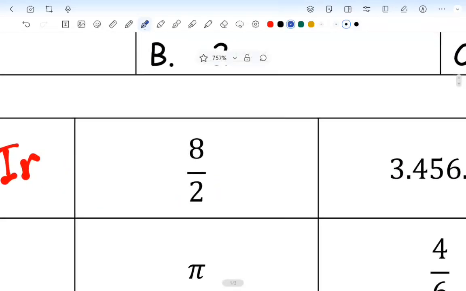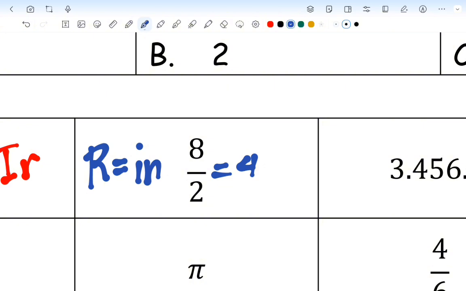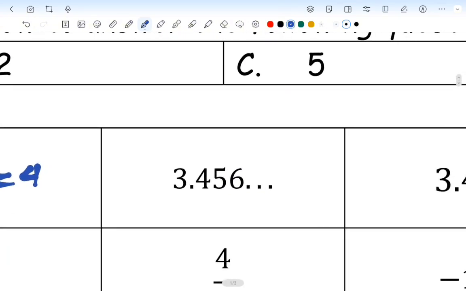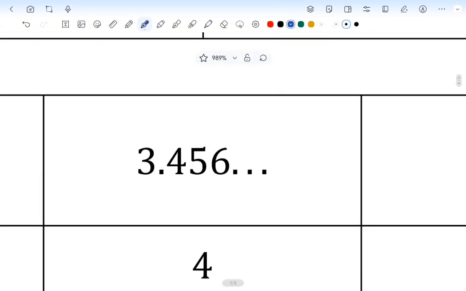Let's go back again. We have 8 out of 2 or 8 over 2, and we know that if we are going to get the value of 8 over 2, which is 4, and 4 is a complete number, therefore it is a rational number but is an integer. Next, we have 3.45 and 6. We have here the 3 points, which basically means this will go forever or for infinity.